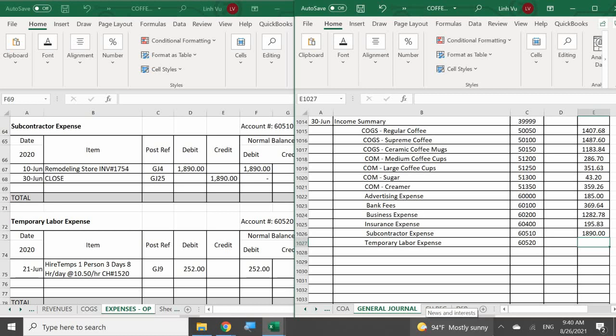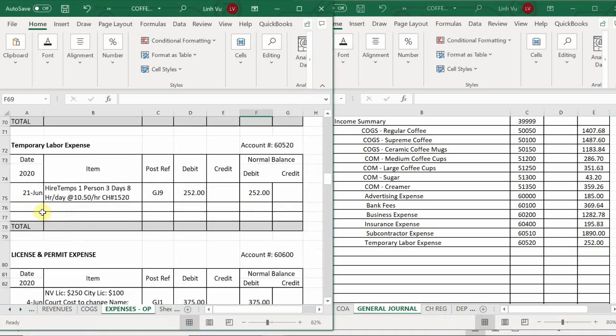That's $252. Okay. Close General Journal 25 for $252, which should give you a zero balance.